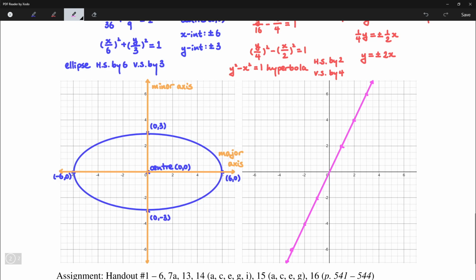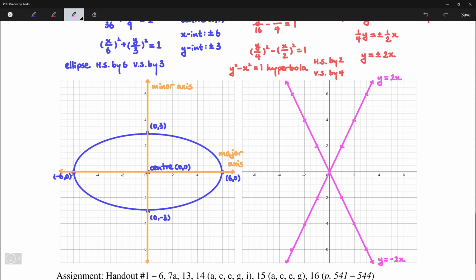And then for negative 2x, we can also draw in the points first to make it a little bit easier. And it will look like this. Sorry, just a little bit off there. There we go. All right, so these are our asymptotes. The line y equals 2x, and also y equals negative 2x.